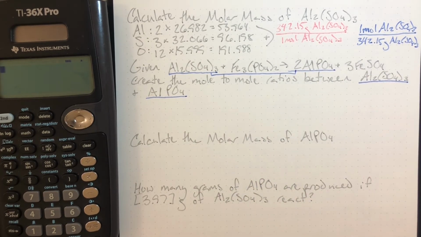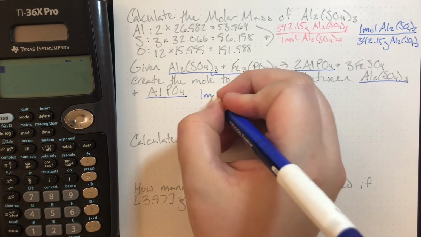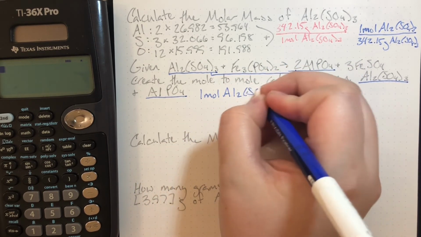I will do so by taking the coefficients in front of each and assigning a ratio. The coefficient in front of aluminum sulfate is an invisible, which makes it a 1. So I will write 1, the word mole, and then aluminum sulfate.